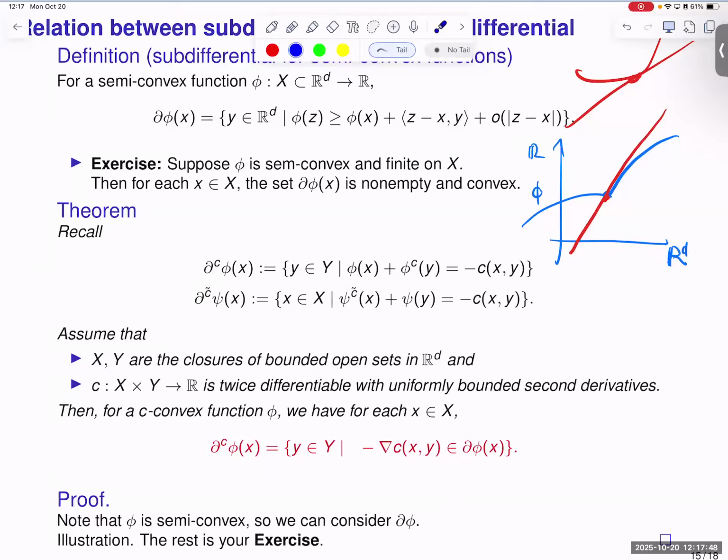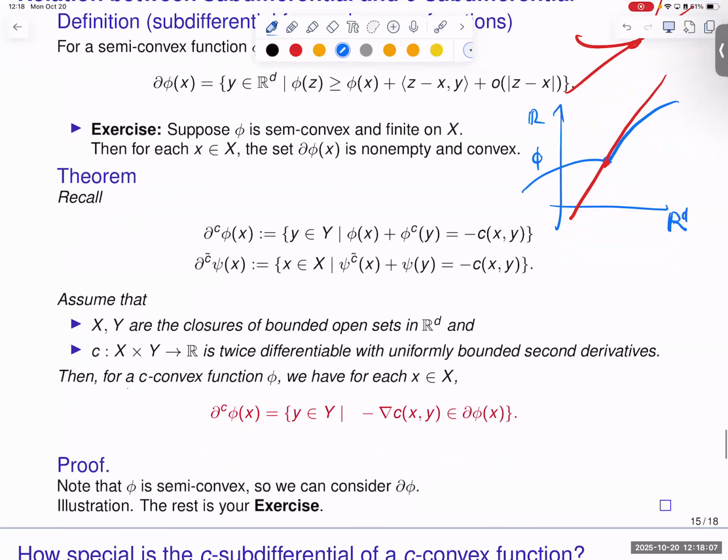Let me repeat. Suppose your phi is a c-convex function where c is nice, twice differentiable, and the second derivatives are bounded. Then the first thing is phi is semi-convex.